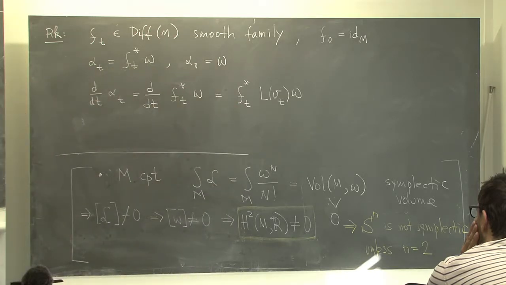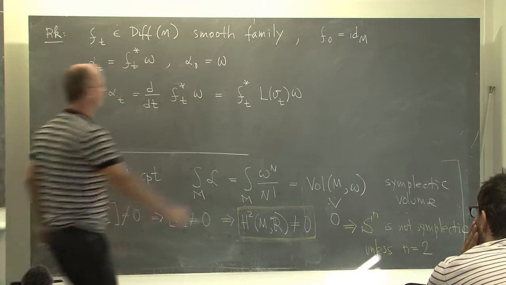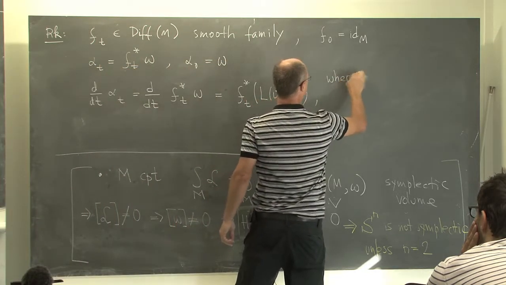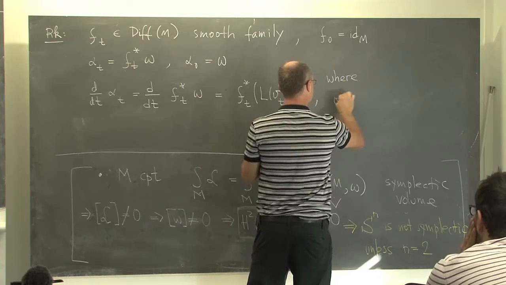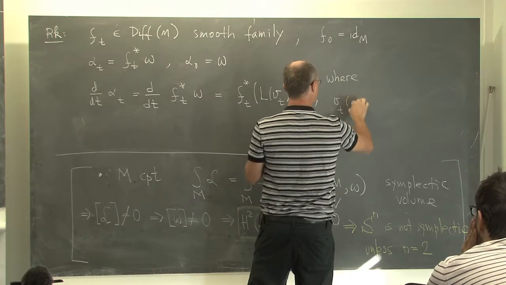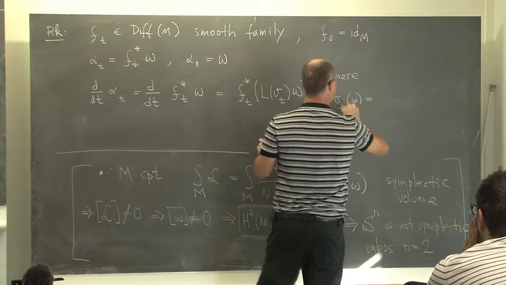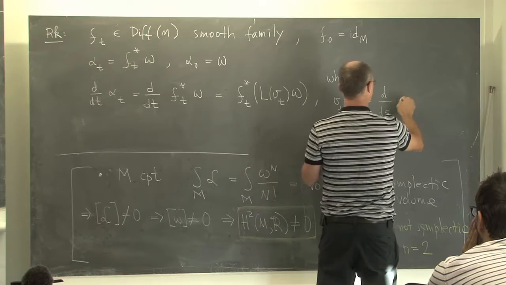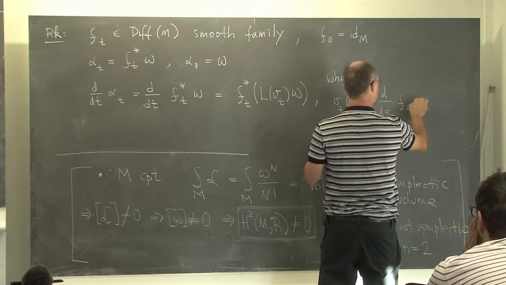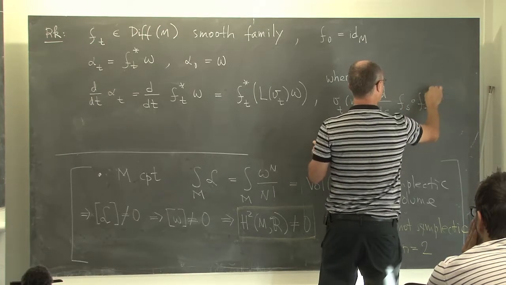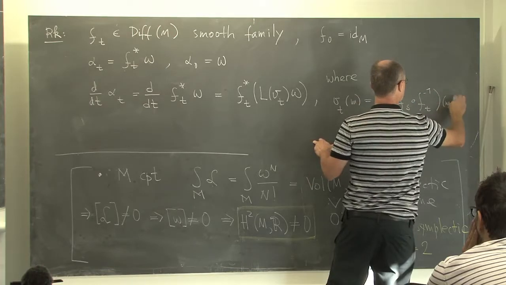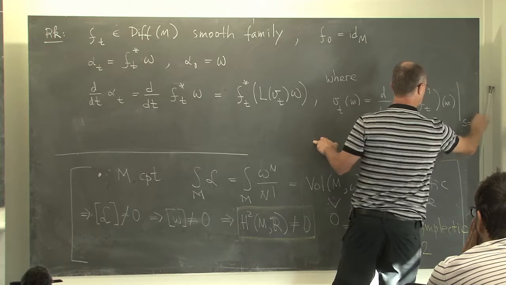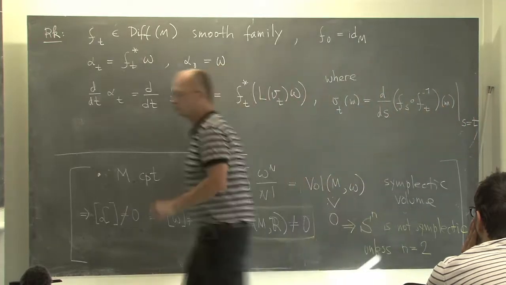You'll tell me whether I do it correctly. So where Vt of M is something like this, d over ds, roughly.